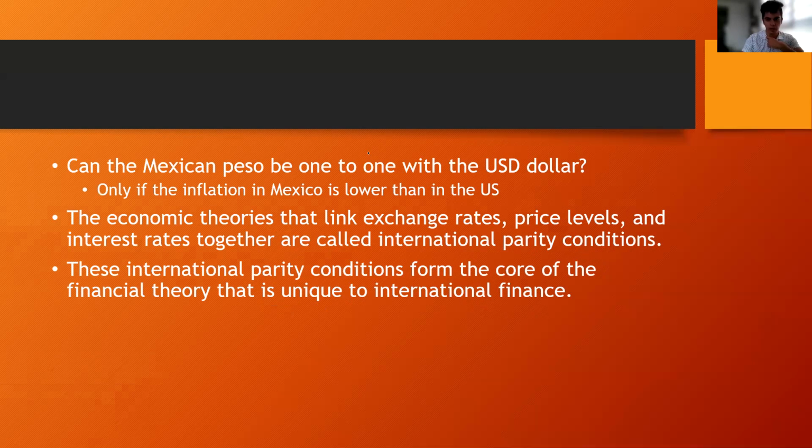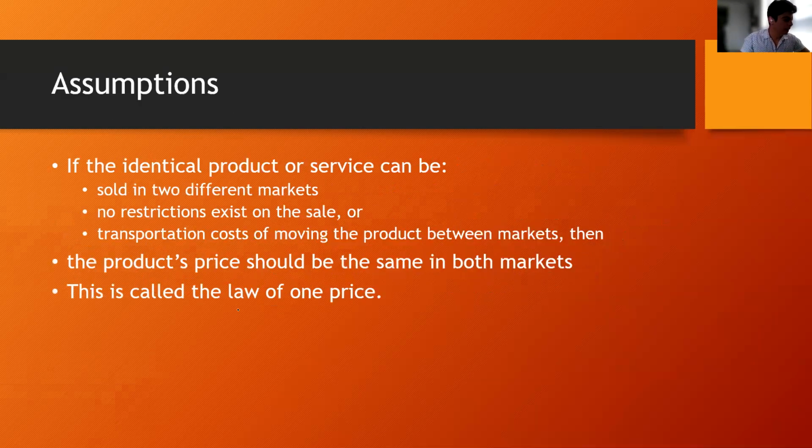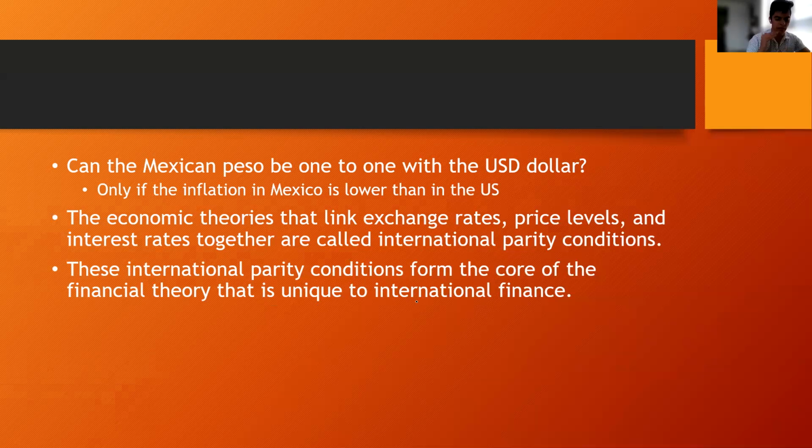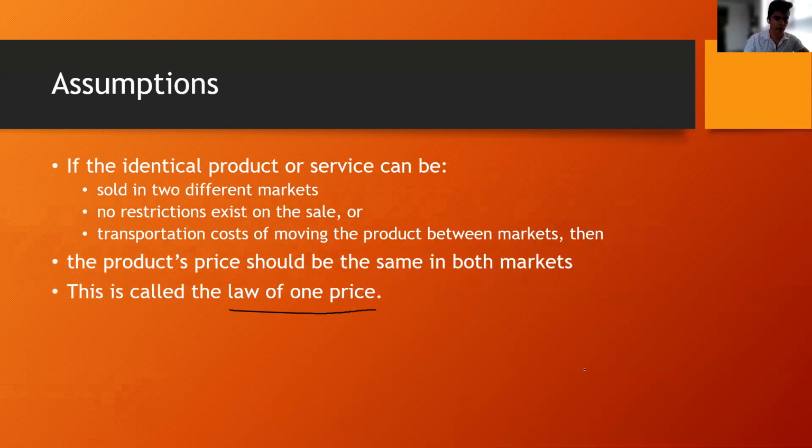It's called the law of one price, where we assume that the prices of goods change the exchange rate. Of course, this is the first theory that is the foundation of everything. There are some improvements of the theory that we're going to learn in the next sessions, but for today's class, we're going to focus entirely on this law of one price, right? We are going to learn a lot about this.